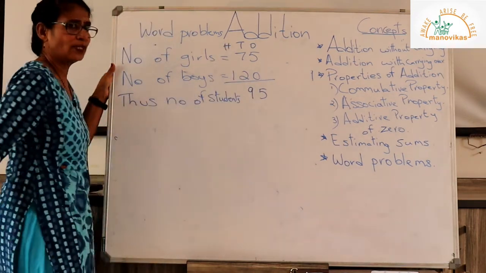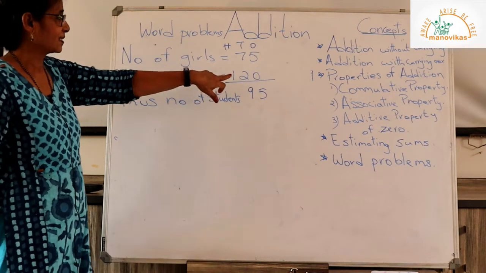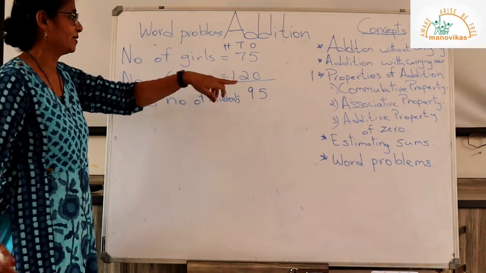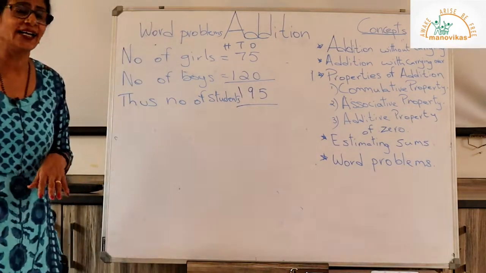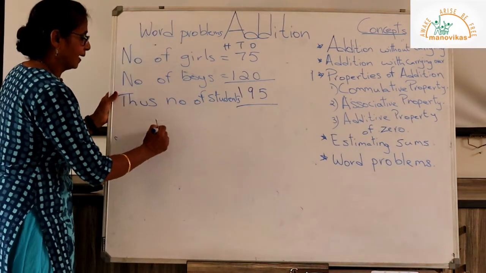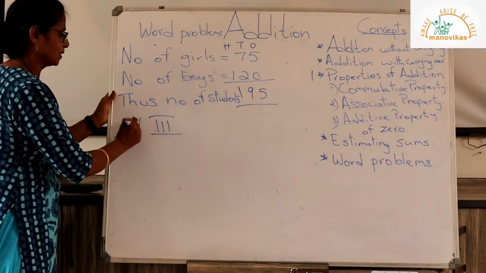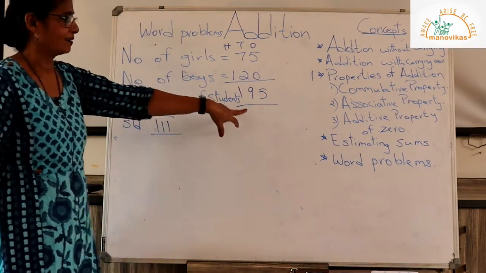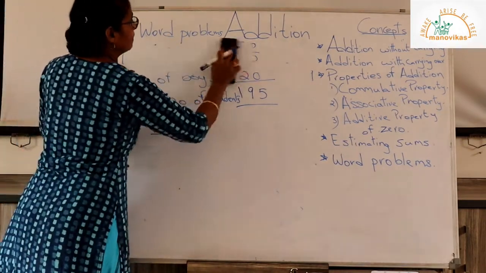And here we have no number in the hundreds place, but the second statement says boys are 120. So we have 195 students in standard 3. How many students do we have? We have 195 students.